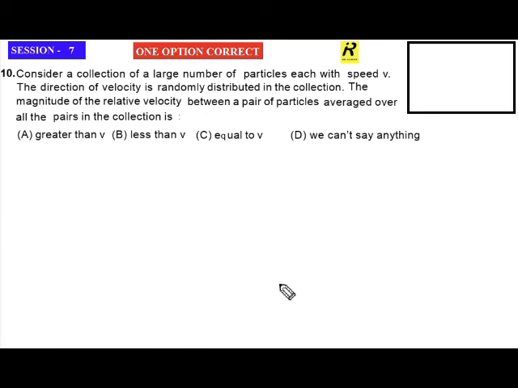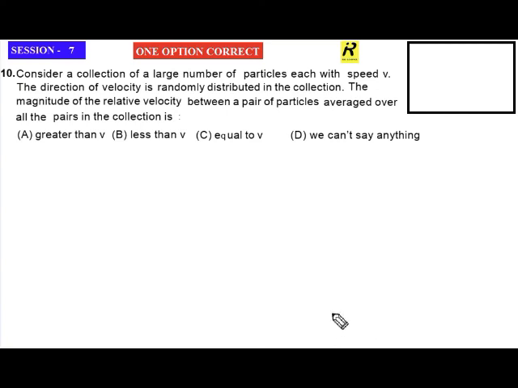That means the average relative velocity is equal to 2v divided by pi, and in the bracket it is 2. So finally, the magnitude of the average relative velocity between the particles A and B is 4v divided by pi.